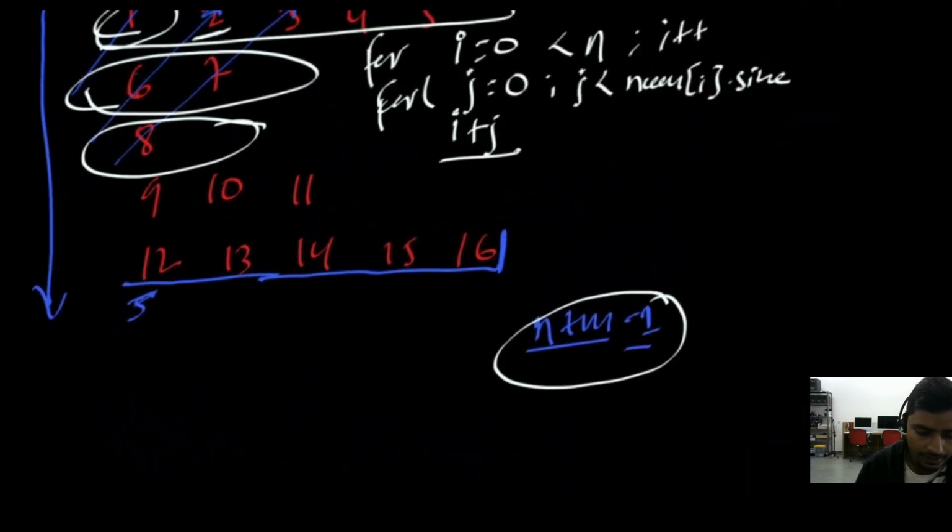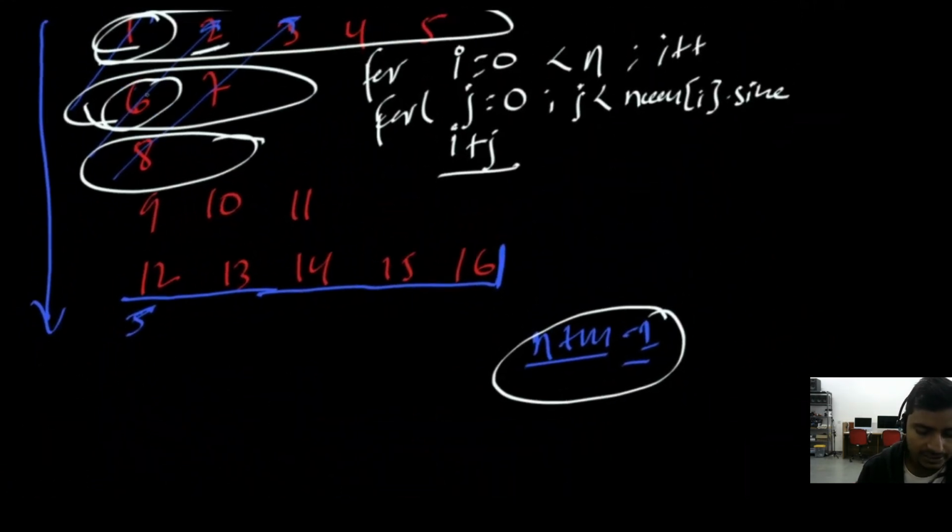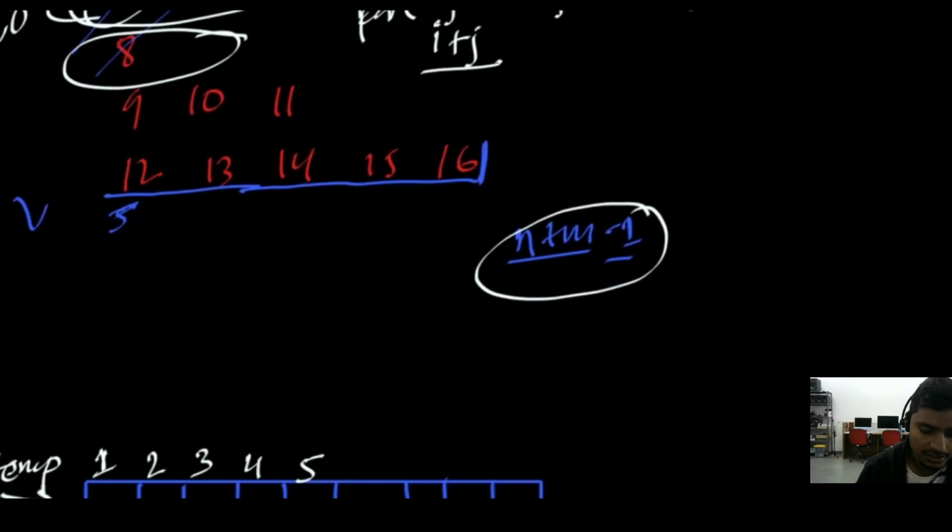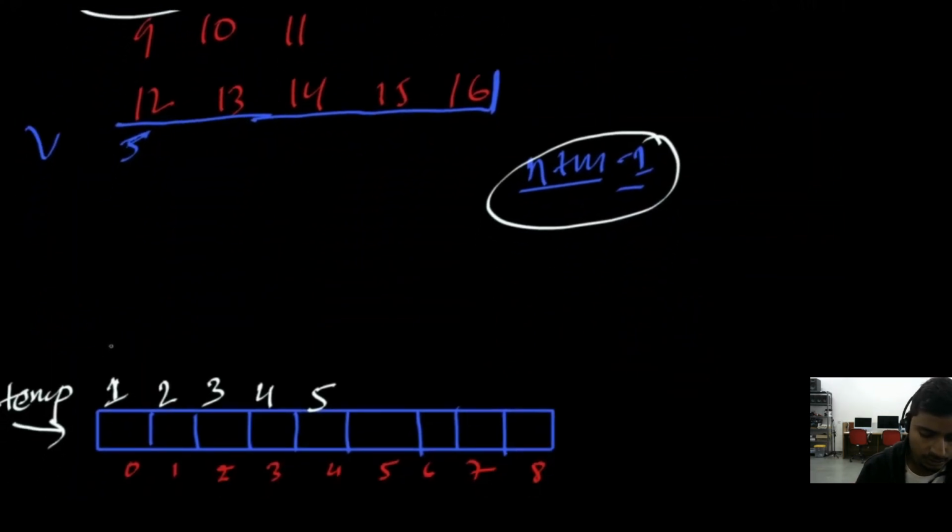Now let's look at this 6. This 6 is at position 1 comma 0, so it again sums to 1. So we'll push it to the 1st position here.